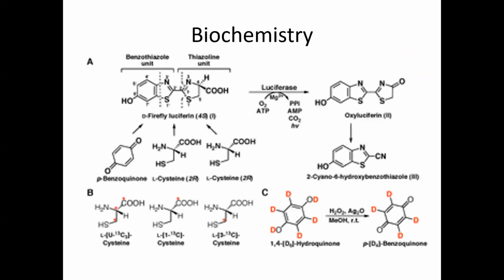You can see the structure of this luciferin, and I just want to give you a brief idea of it. This part is called a benzothiazole unit. So we have here a benzothiazole unit.